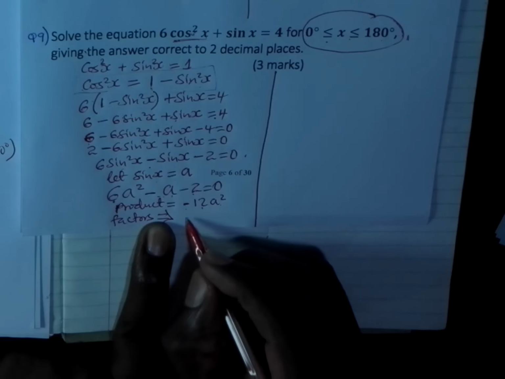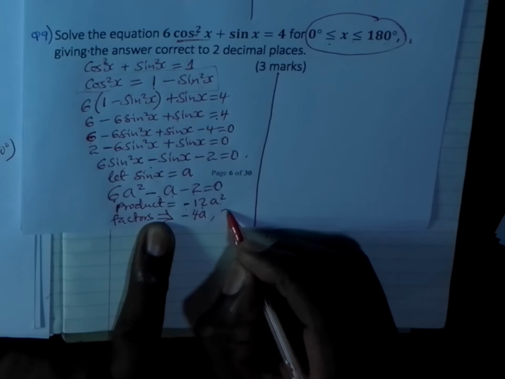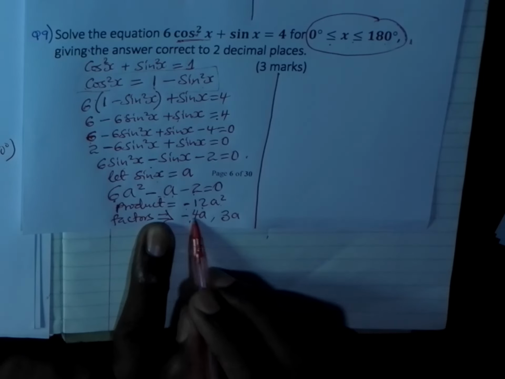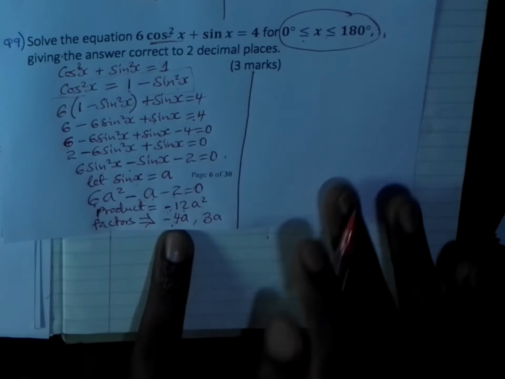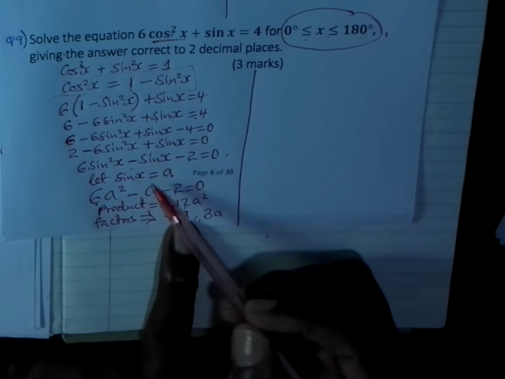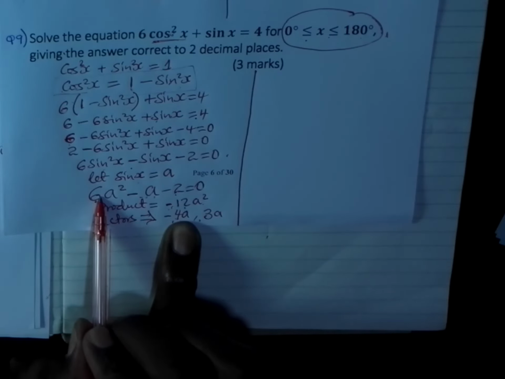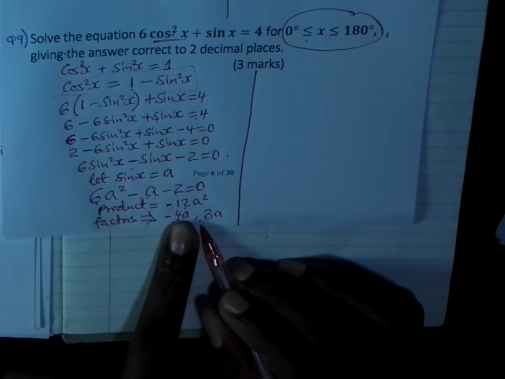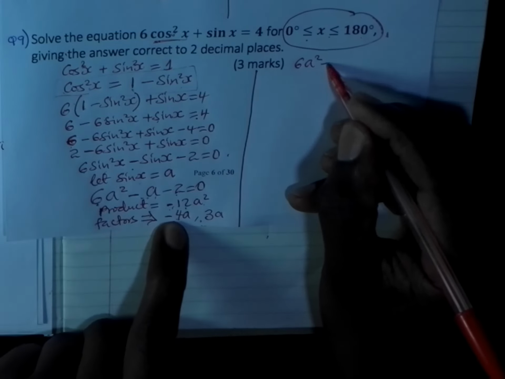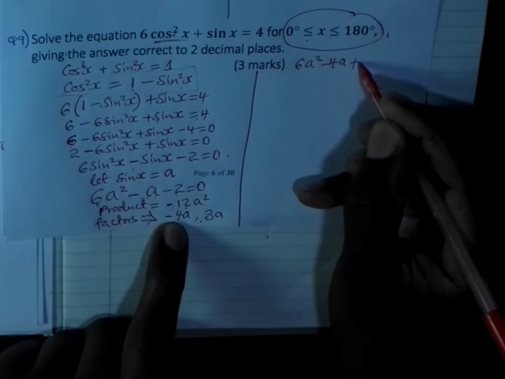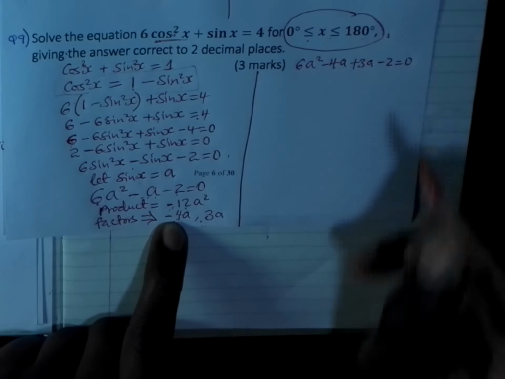So we shall have minus 4a and 3a. Remember, when we multiply the two, we must get minus 12a squared. If we add the two, we get minus a. So we now write this quadratic equation with the middle part in expanded form, that will be 6a squared minus 4a plus 3a minus 2 is equal to 0.